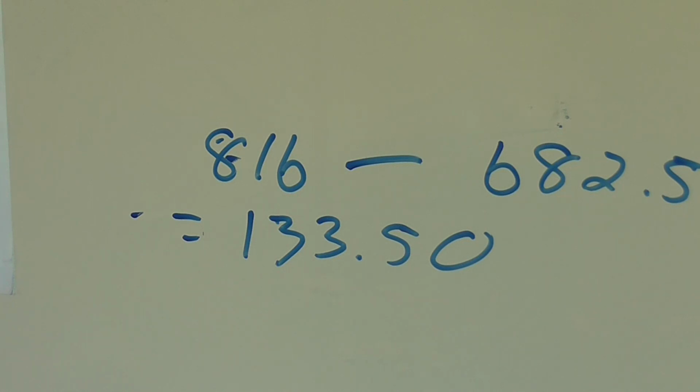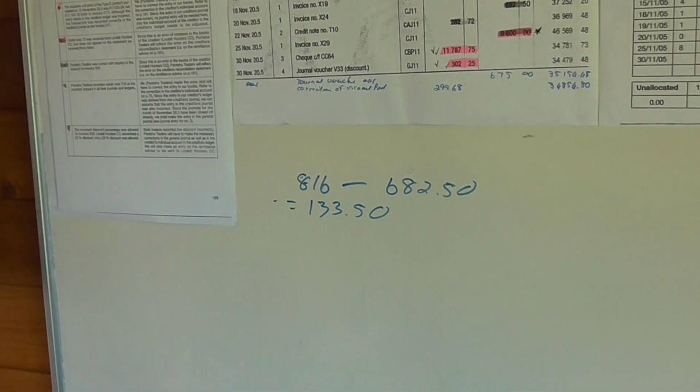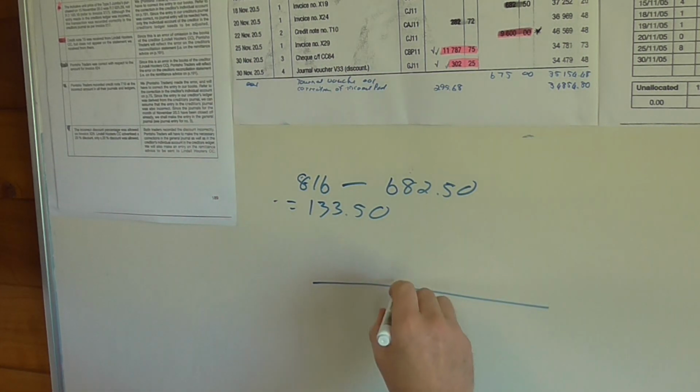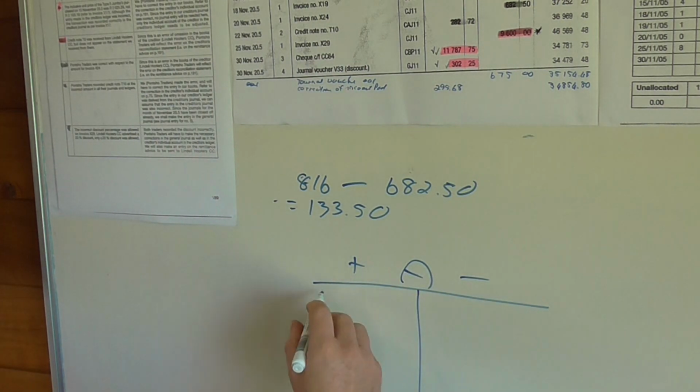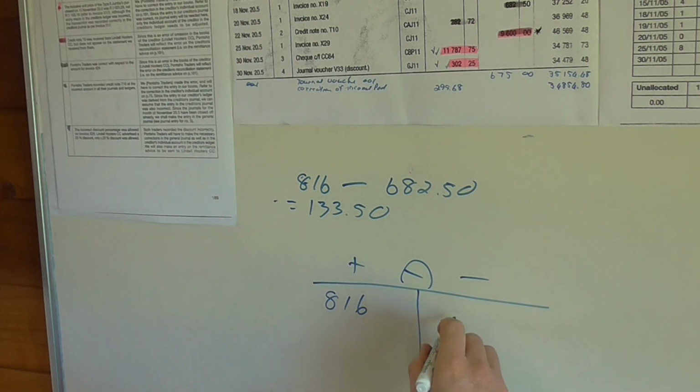So let's quickly have a look on how we're going to do that. So first of all, now we need to remember, if you look at it from their point of view, we are an asset to them, plus minus. Okay, so the asset increased 816, so it's a debit, and now it has to decrease with 133.5.